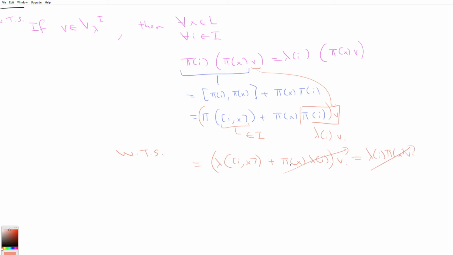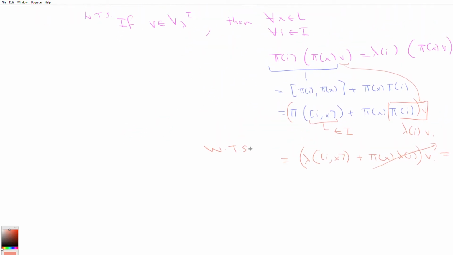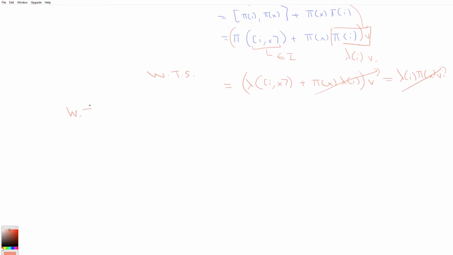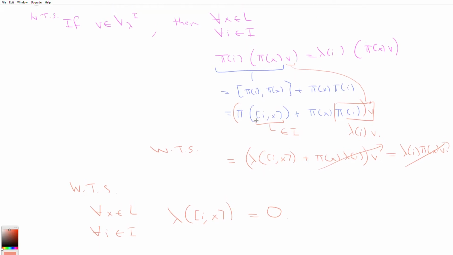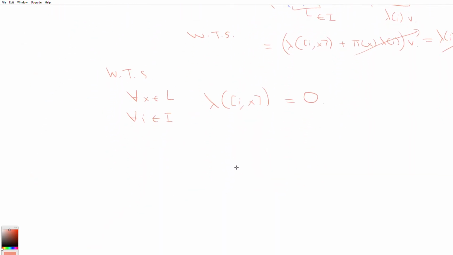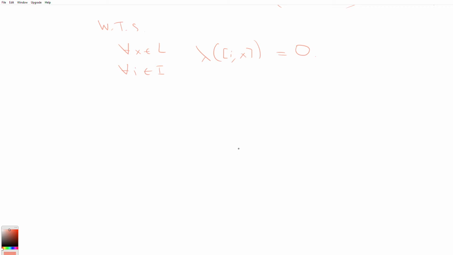And so we want to show, for all x in L and for all I in our ideal, lambda of the commutator, two arbitrary elements, is equal to 0. So this is what we want to show. If we show this, that is equivalent to showing this condition in the blue here, which is our theorem. And the way we're going to do this is via construction.